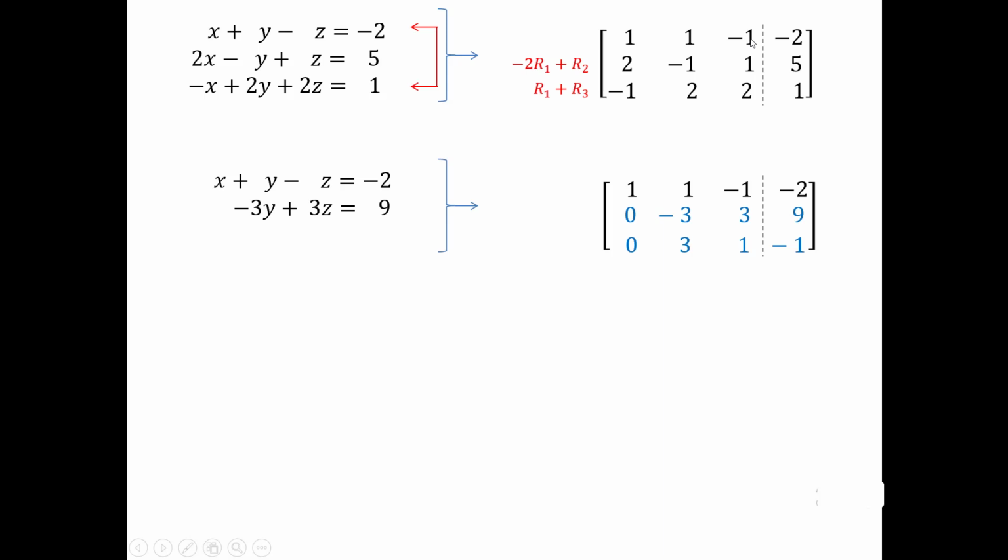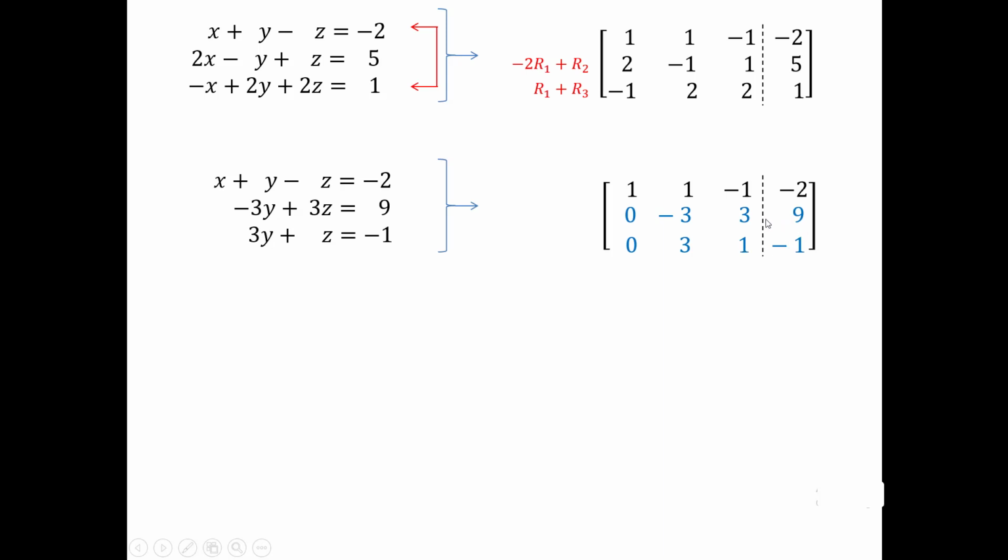Row 1 plus row 3, so -1 plus 2 gives me 1, but the reason is because -z plus 2z is 1z. And finally, -2 plus 1 gives me -1. And so what does that show as an equation? Well, it shows that because 0 is in the first spot, there is no more x. I've eliminated x, giving me only a 2-variable system at this point.